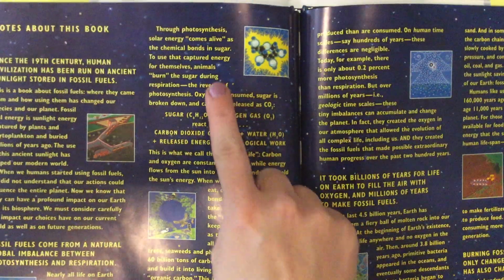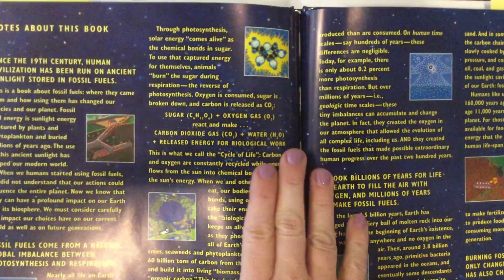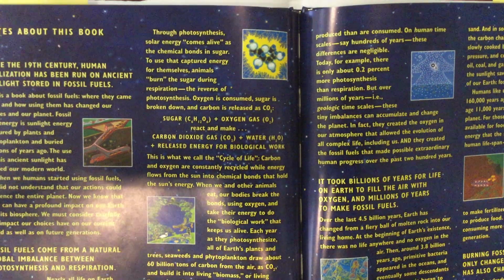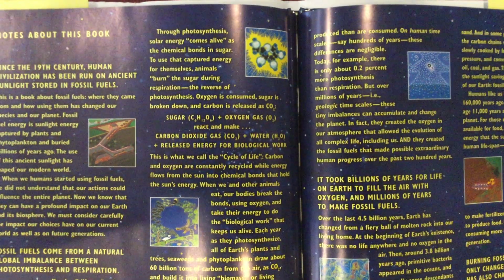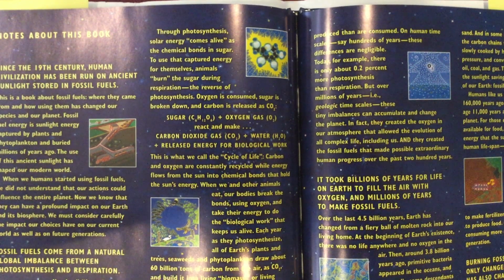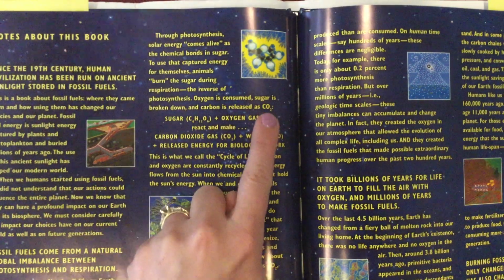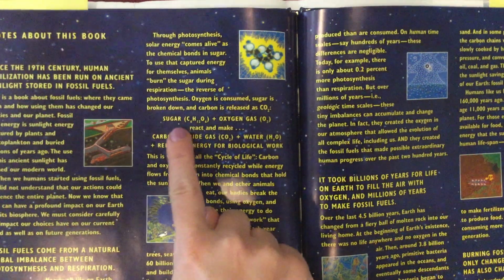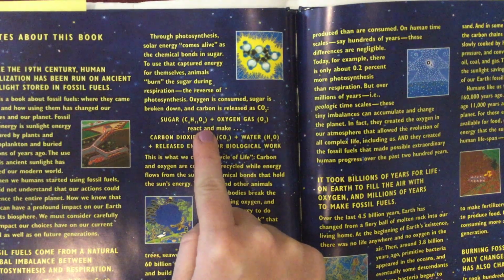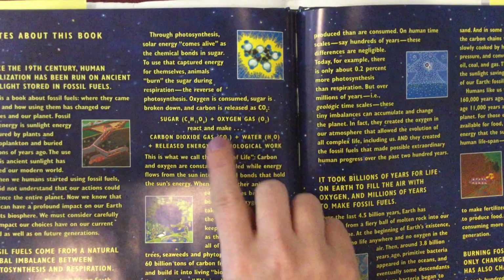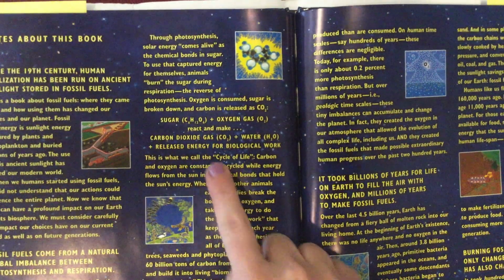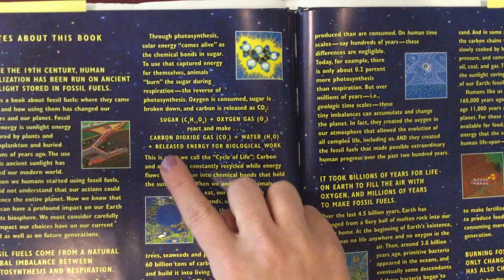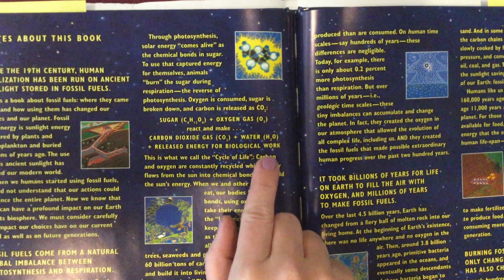Through photosynthesis, solar energy comes alive as the chemical bonds in sugar. To use that captured energy for themselves, animals burn the sugar during respiration, the reverse of photosynthesis. Oxygen is consumed, sugar is broken down, and carbon is released as CO2. Sugar, C6H12O6, plus oxygen gas, O2, react and make carbon dioxide gas, CO2, and water, H2O, plus released energy for biological work.